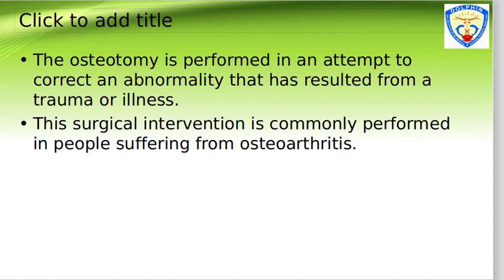This surgical intervention is commonly performed in people suffering from osteoarthritis, but practically speaking it is not used a lot for osteoarthritis, because osteoarthritis is mainly taken care of by conservative methods. Most of the time we use osteotomy when we are treating a traumatic condition or any abnormality or deformity caused by an illness.